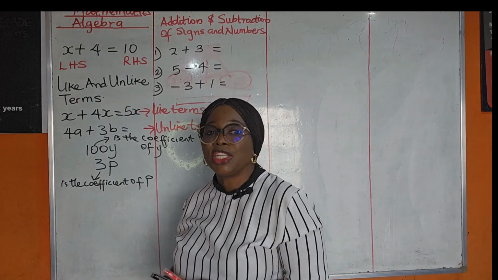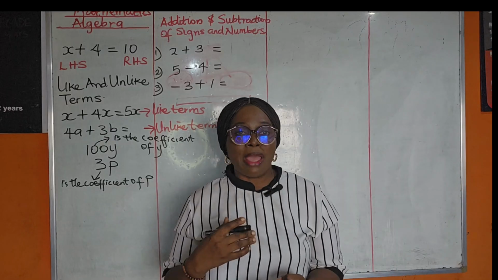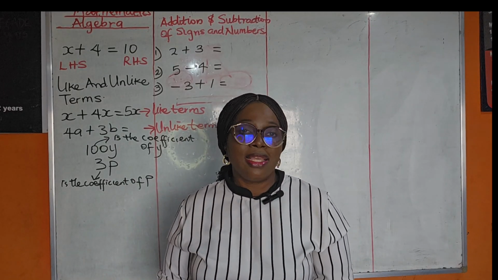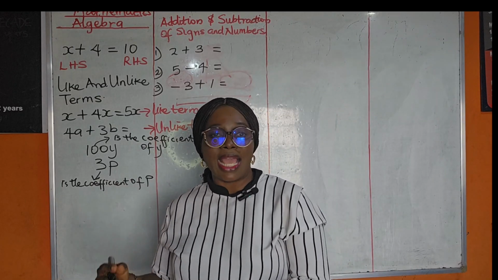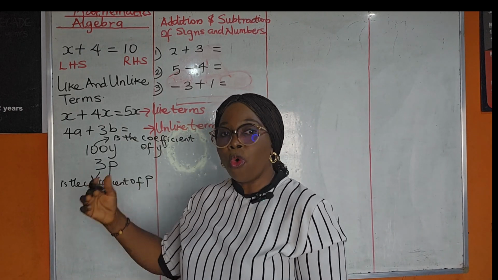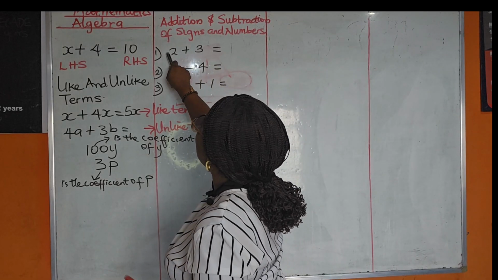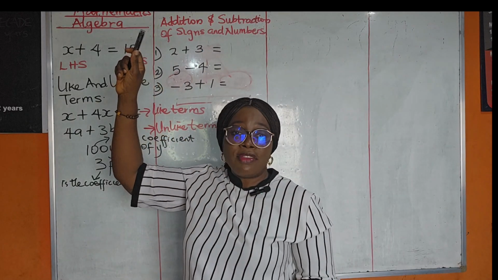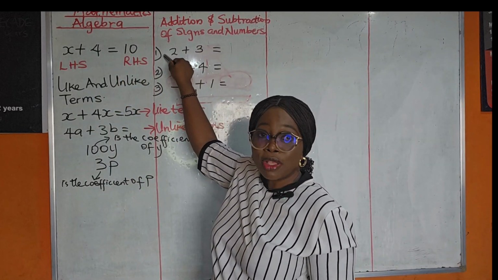In addition and subtraction of numbers and signs, there are certain tricks we must know and bear in mind. When you see the plus sign, it means this is what you have. And the negative sign tells us that this is what you owe. Remember, there's an invisible plus sign in every number. Any number that doesn't have a sign before it carries an invisible plus sign.